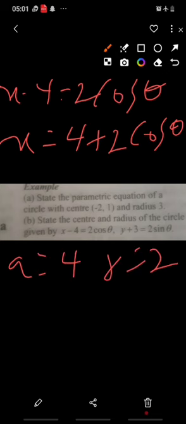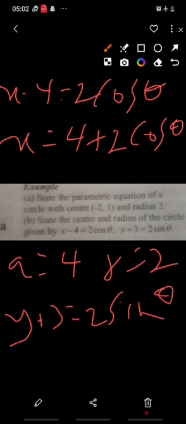And we have another one also. We have y plus 3 is equal to 2 sine theta. So you realize that the radius is still the same. It's constant. So it's the a and the b that change.